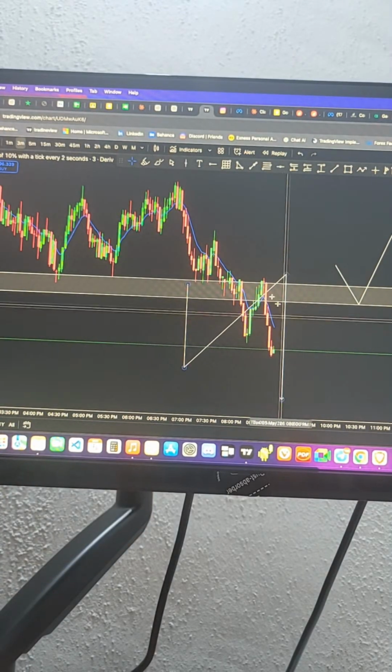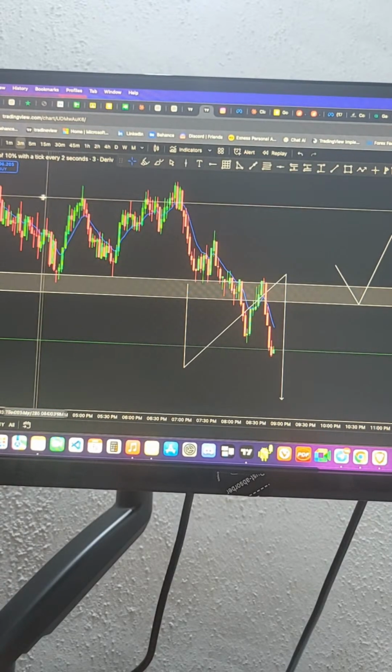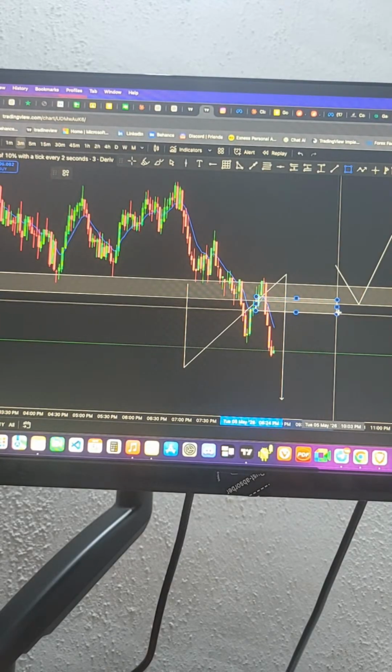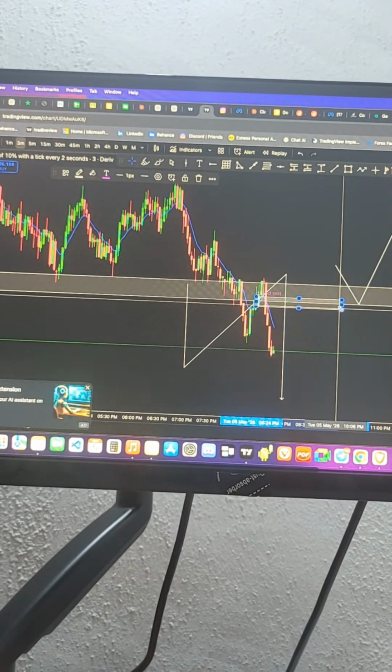So what I'm going to do is that when price retraces back to somewhere around here, I'm looking to get that sell opportunity from that zone.